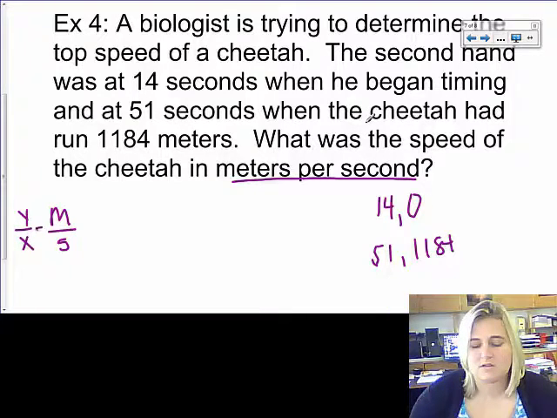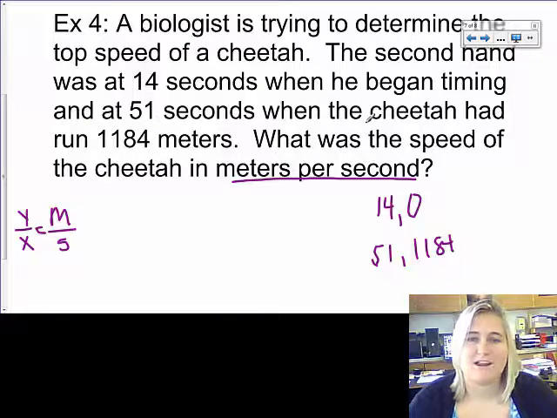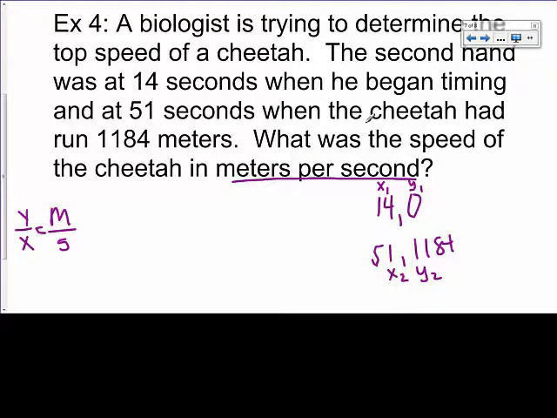Okay, that's an equal sign, not a less than sign. So you can see that my meters are my y value, which is how I've written this. I've written this in the form of x and y, right? So this is going to be my x sub 1, y sub 1. This is going to be my x sub 2, y sub 2. And what I would like is for you on your own paper to find the speed of the cheetah in meters per second.